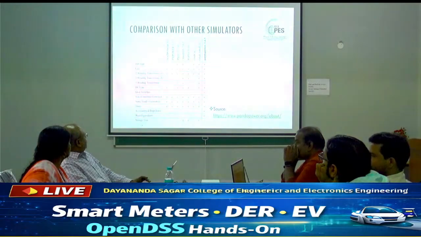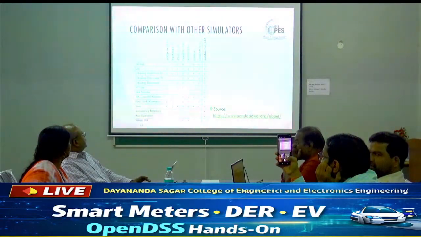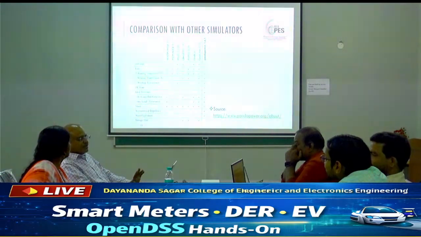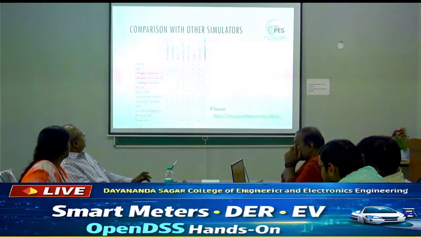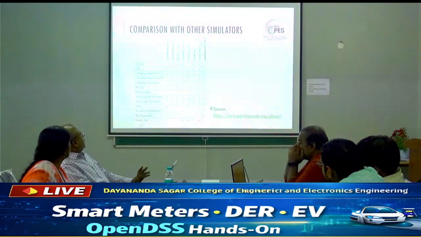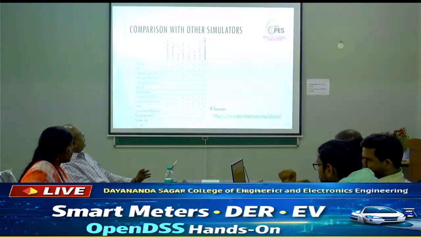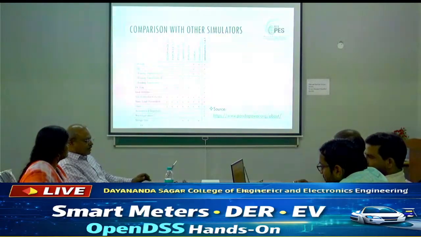The difference between OpenDSS and Panda Power is that the advantage of OpenDSS is speed, which is what they mentioned, whereas additional features are there in Panda Power. So among the open source ones, I think these two are the best competitors.